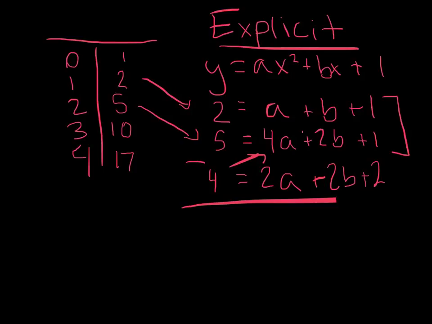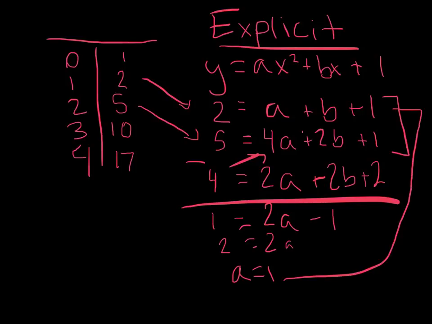And I'm going to subtract these. A equals 1, and then if I plug that back into one of these equations, I see that 2 equals 1 plus b plus 1, so b must equal 0.